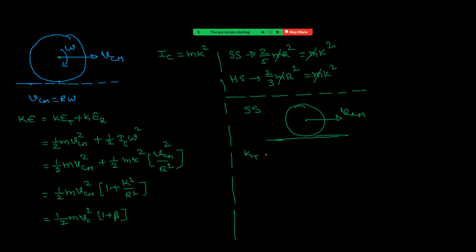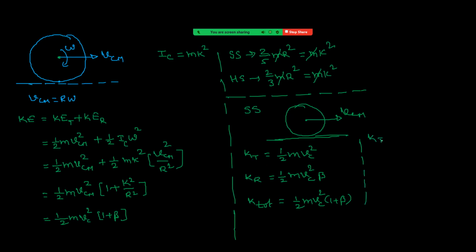The second part, because of rotation about center of mass, is half m VCM square into beta. What is the total energy? Total value is half m VCM square into 1 plus beta. Now the question is the percentage of kinetic energy because of translation. Then what can we do here?